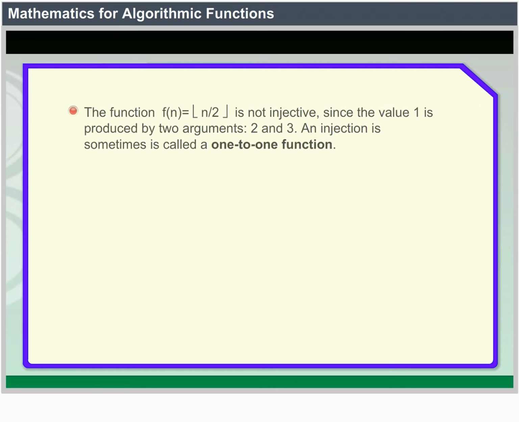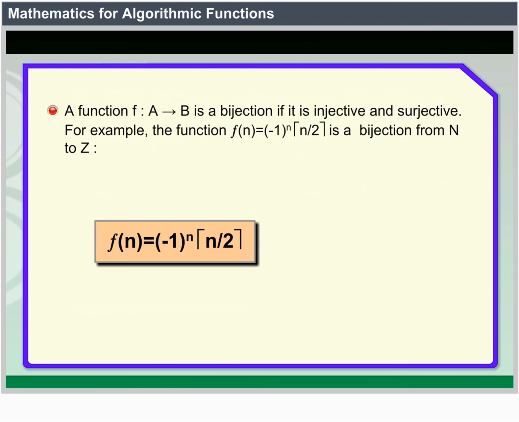A function f: A → B is a bijection if it is injective and surjective. For example, the function f(n) = (-1)^n ceiling(n/2) is a bijection from N to Z: 0 maps to 0, 1 maps to -1, 2 maps to 1, 3 maps to -2, and so on.